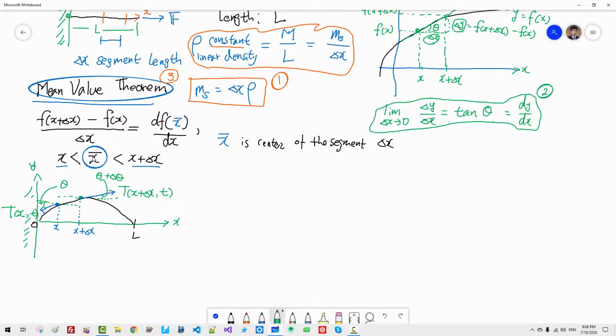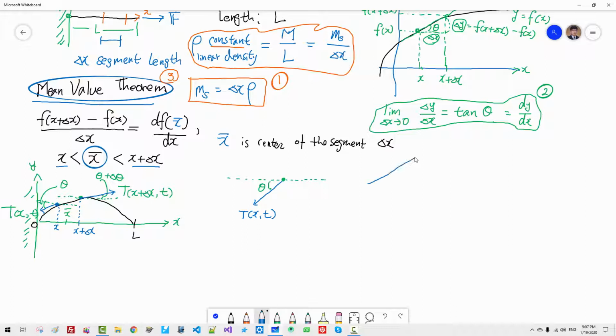Our x bar is here. When a vector T is given at x, t, this is the horizontal line passing through this point. This angle is theta.